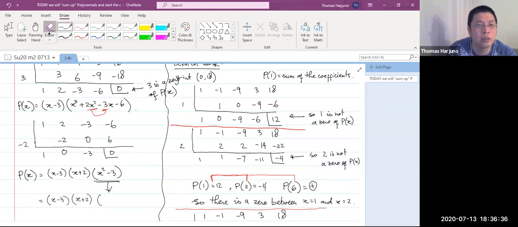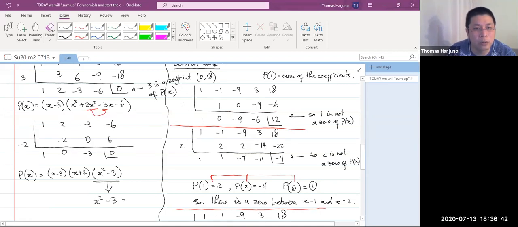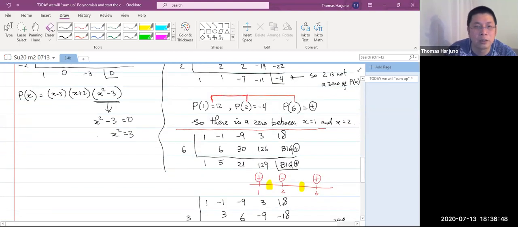You know what? Let me just solve it first. So x squared minus 3 equals 0. So I get x squared equals 3. X will be plus minus radical 3.